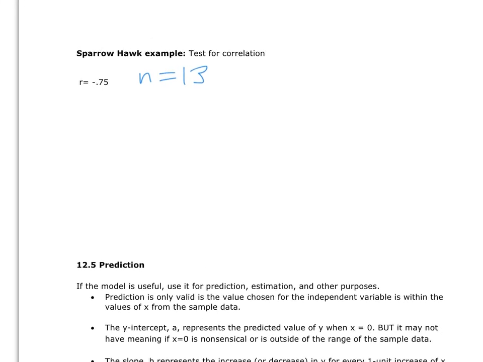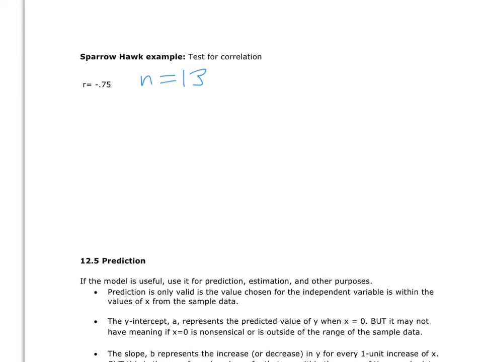So let's do the hypothesis test here to determine whether we have linear correlation. Calculate the test statistic: negative 0.75 times the square root of 13 minus 2, so 11, divided by the square root of 1 minus negative 0.75 squared.